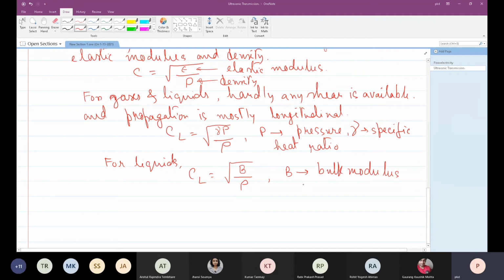Since liquids cannot be described by a particular kind of lattice structure, the characteristic is given by a bulk modulus of elasticity.